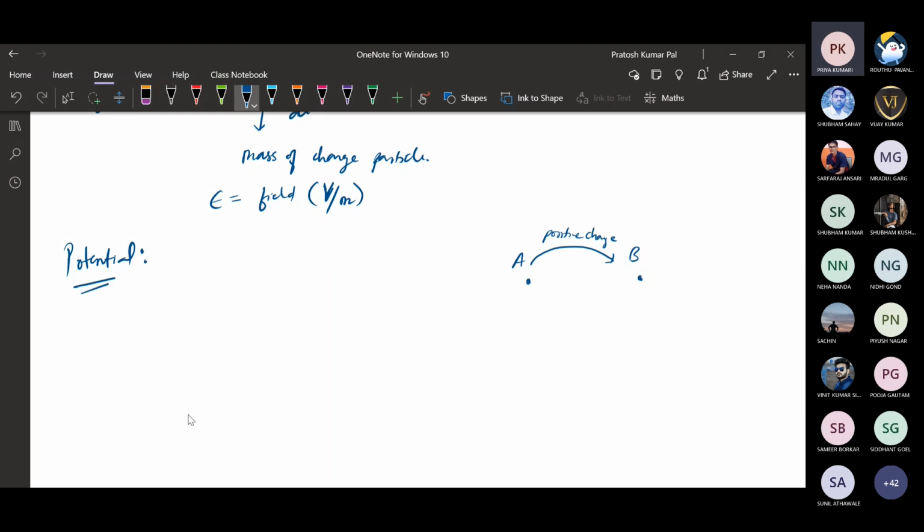Okay, so suppose we want to know the potential at point B with respect to point A. It is equal to the work done against the field.